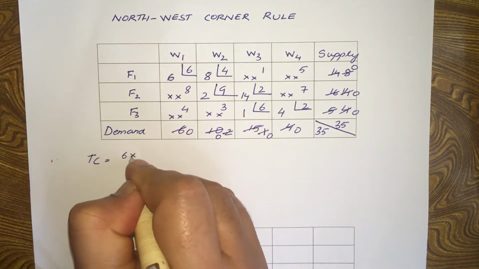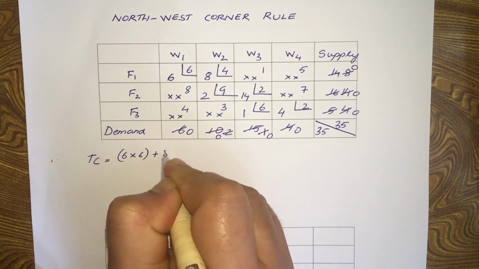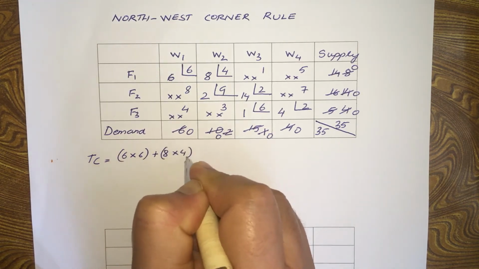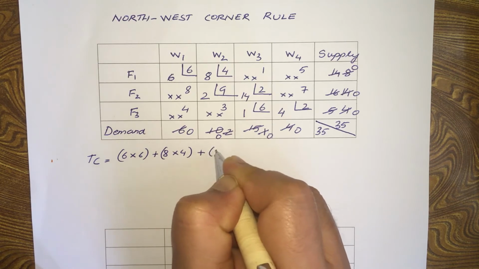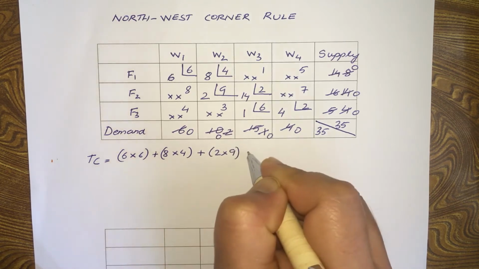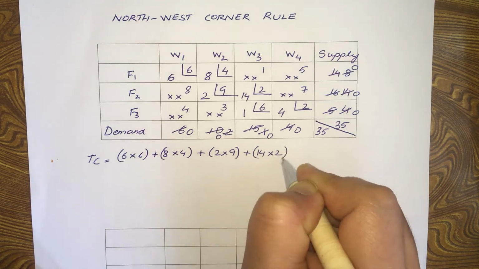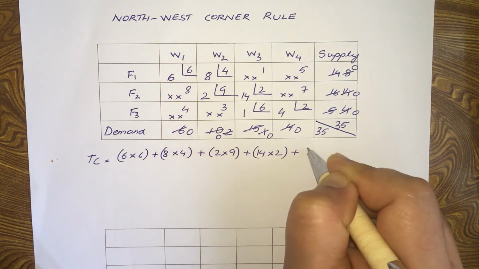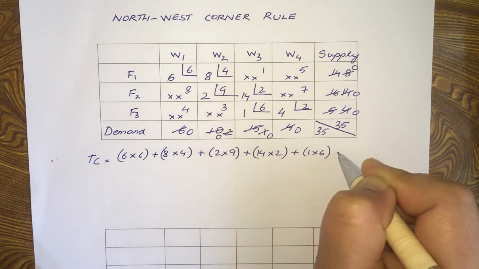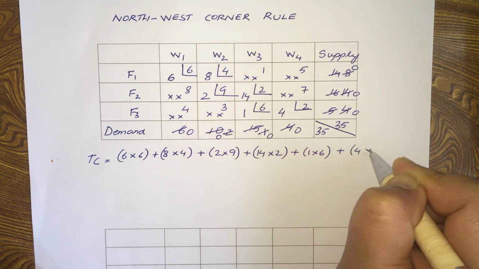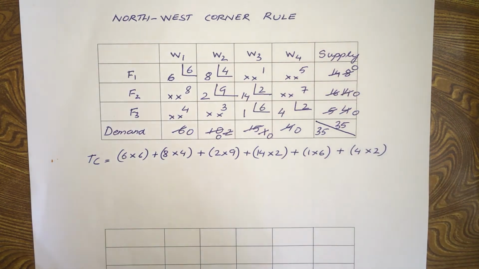It is 6 times 6 plus 8 times 4 plus 2 times 9 plus 4 times 2, 14 times 2 plus 1 times 6 plus 4 times 2.